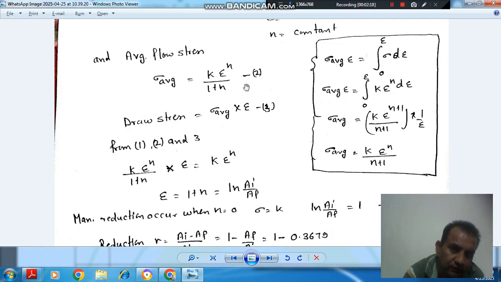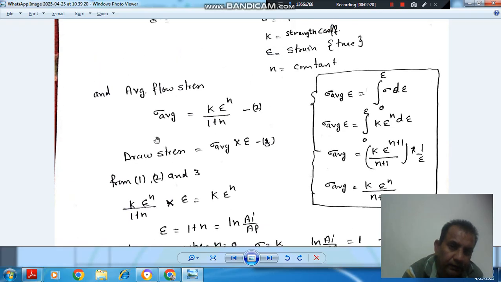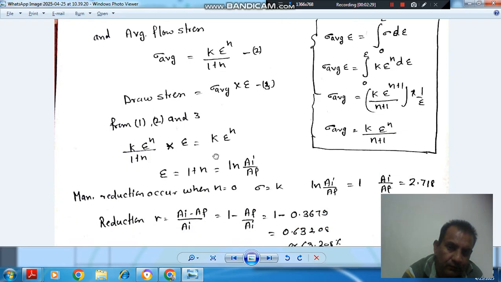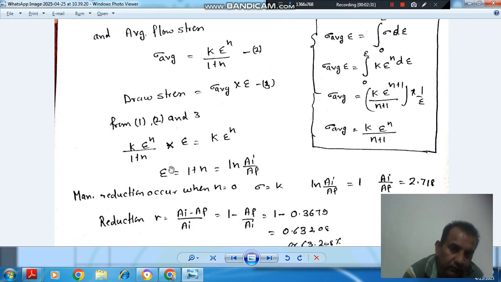This is sigma average. Now when draw stress and flow stress are equal, and putting the value of sigma average from this expression, we get epsilon. We put sigma average here and epsilon here, and this is the flow stress.